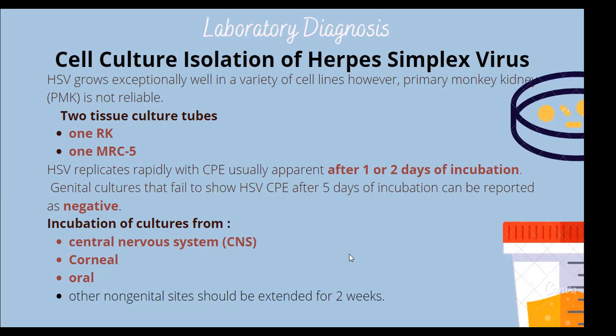Incubation of cultures from central nervous system, CNS, corneal, and oral or other non-genital sites should be extended for 2 weeks so that other viruses such as adenoviruses and enteroviruses may be recovered.